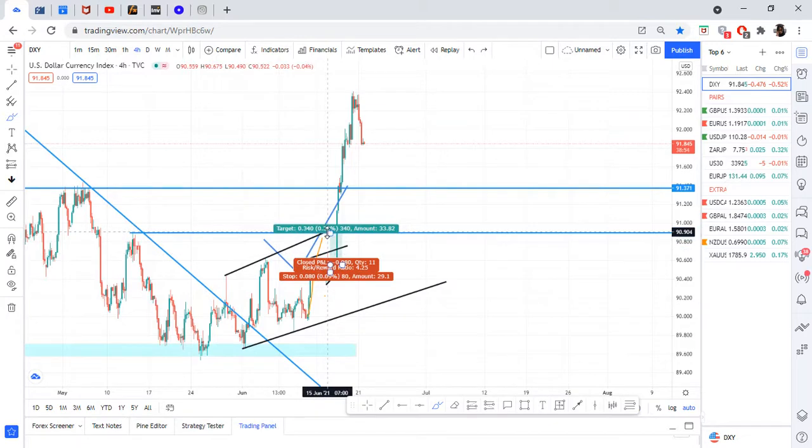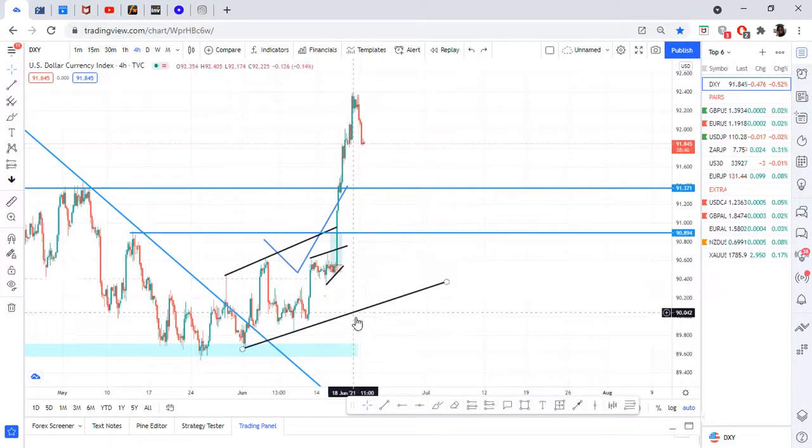And that's what we wanted. We wanted to see a third touch, and then we would have sold when it got to this high right here. We would have sold and taken it for the third touch here. Then here we would have waited to see if it was going to reject or break through, retest, and go to the downside.